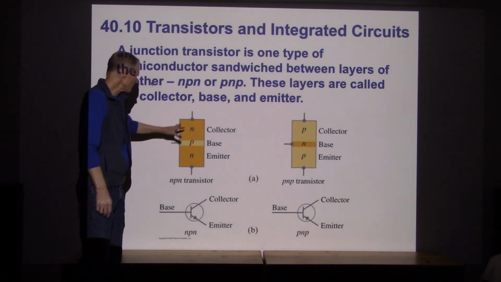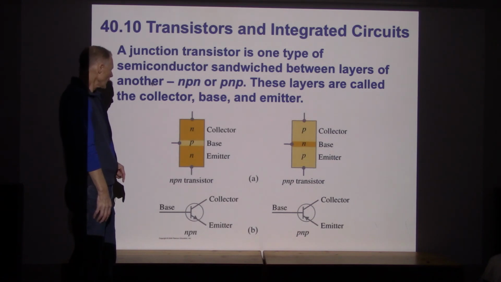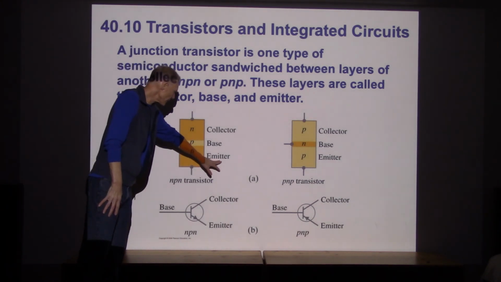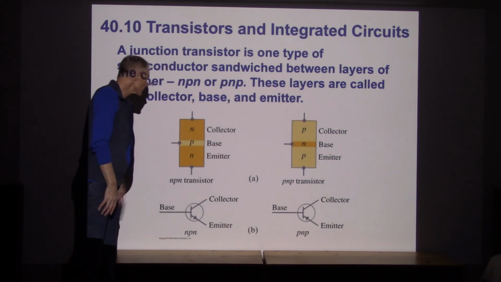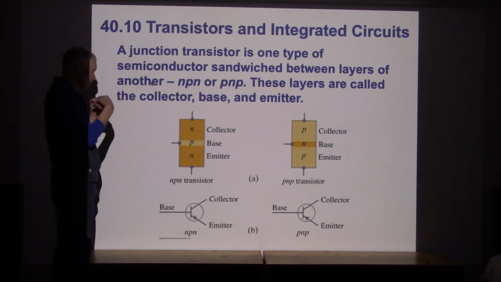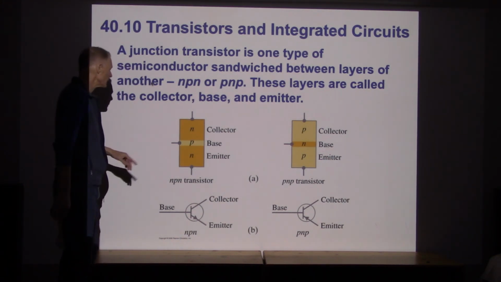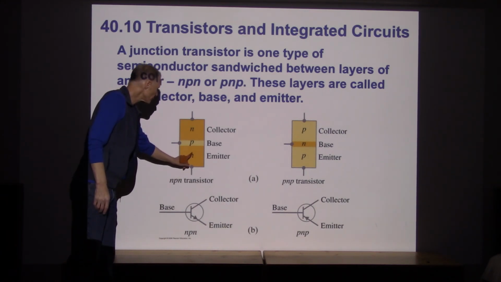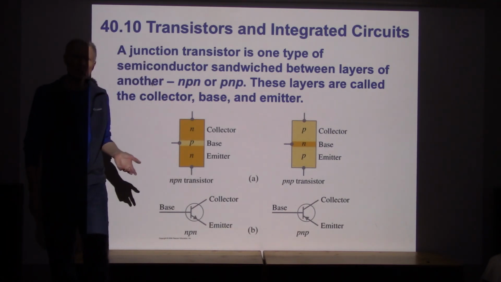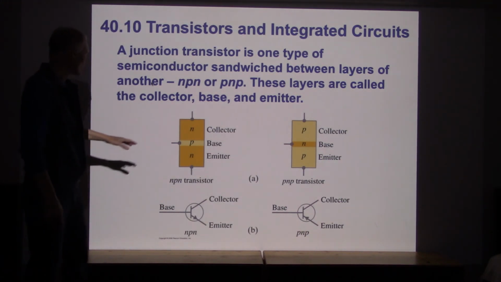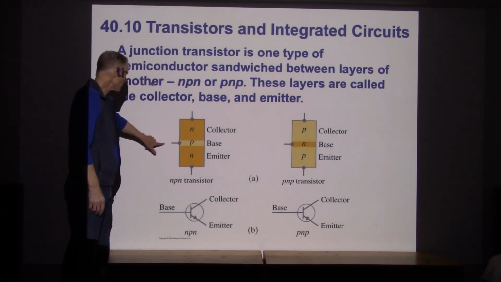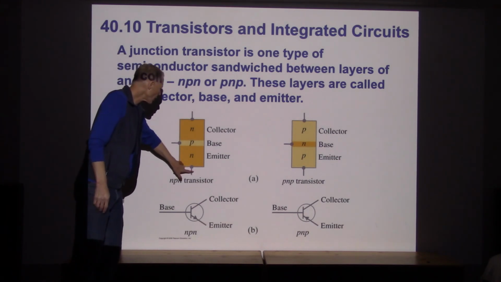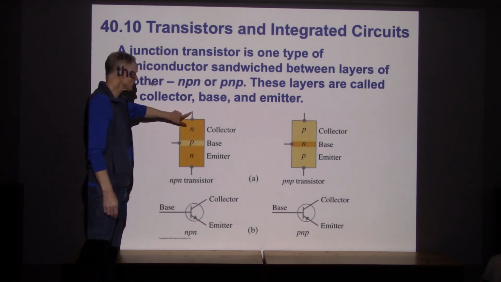Let's look at the NPN here. If we have an emitter, now the emitter on these is where, for me, I'm going to think of the electrons coming in. So here are the electrons coming in to the emitter, and the question is, where are the electrons going to leave? Are the electrons going to leave through the base? Or are the electrons going to leave through the collector?